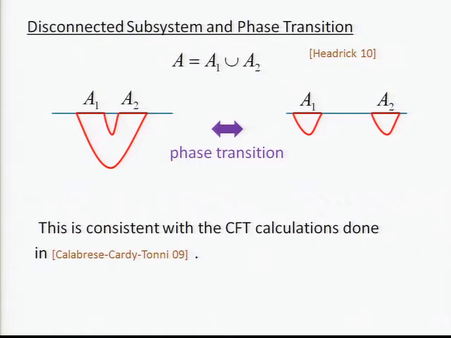Then we notice that there is a phase transition. This was worked out by Matt Headrick, and he showed that this phase transition is consistent with the conformal field theory calculation done by Calabrese, Cardy and Tonni, if we take the large c limit. Of course this is the semi-classical gravity picture, so we need to take the large c limit.